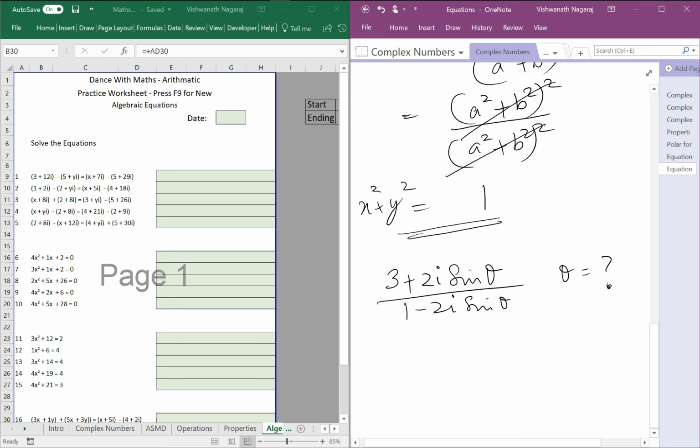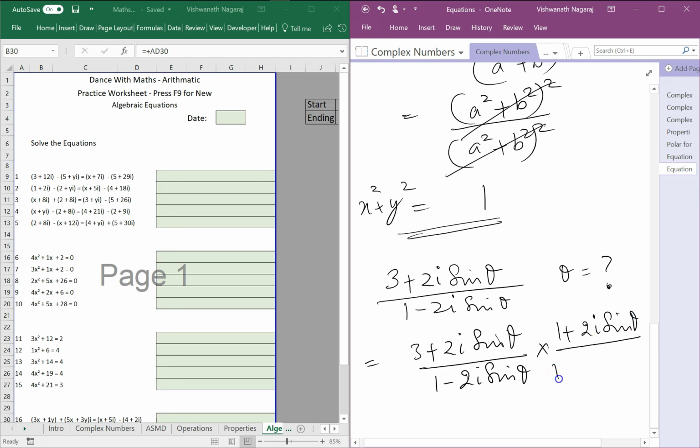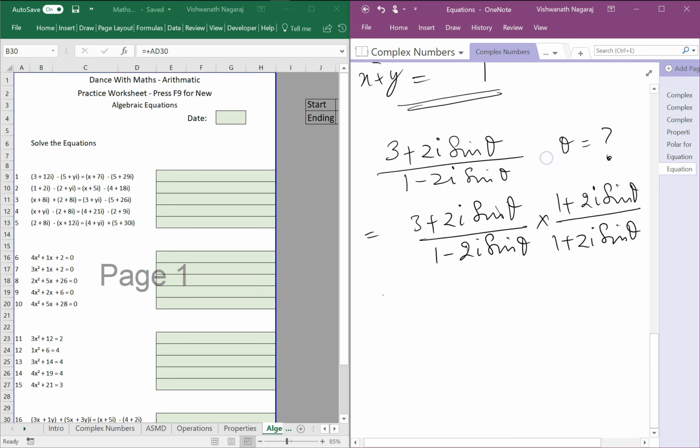That means the imaginary part is 0. Okay, as usual, multiply by conjugate by conjugate. Okay, so (1 plus 2i sine theta) by (1 plus 2i sine theta).